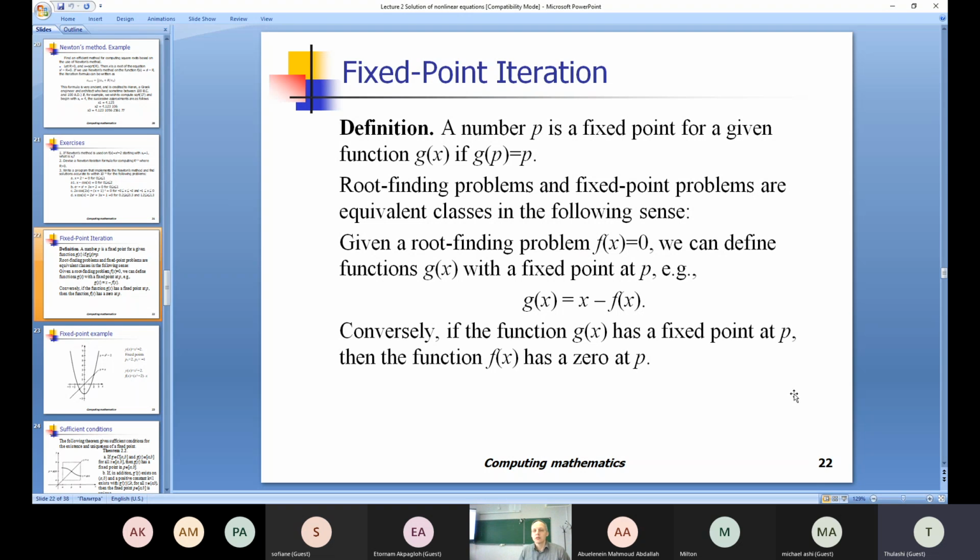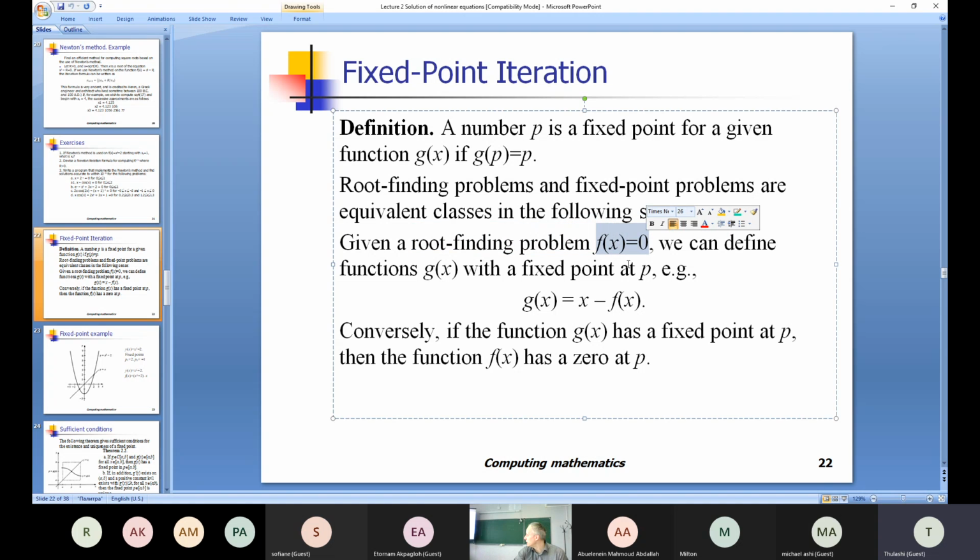And the problem of root finding and a fixed point problems are equivalent class of problems. Suppose that we have a root finding problem. Suppose that we have an equation f of x equals to 0.